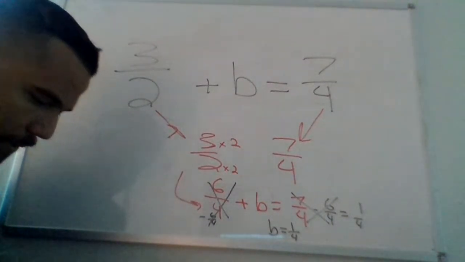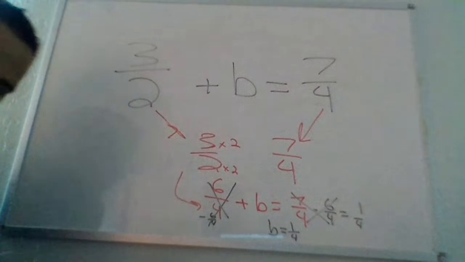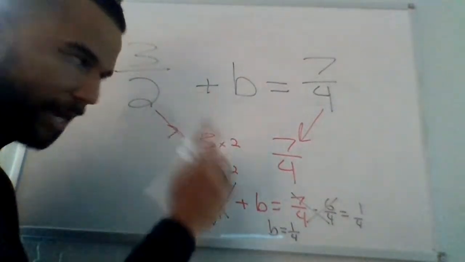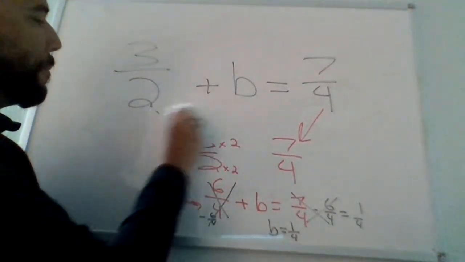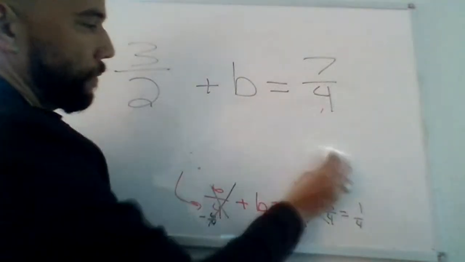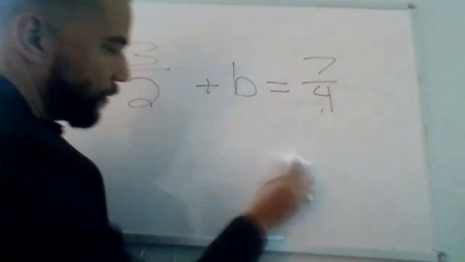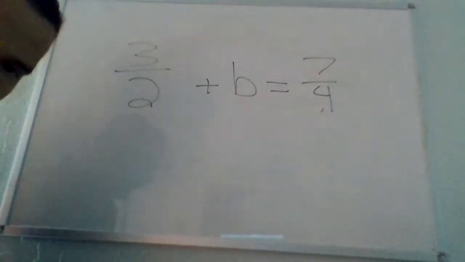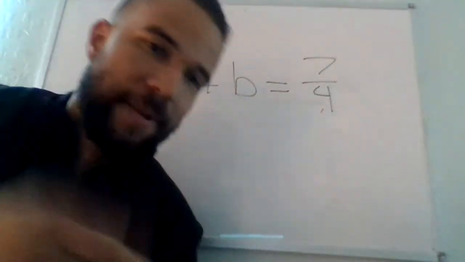That's one method, okay? Before we move on to another method, anybody have a question about this? How we got 1/4, the method I just used. And if you don't have a question, again, respond, no question.